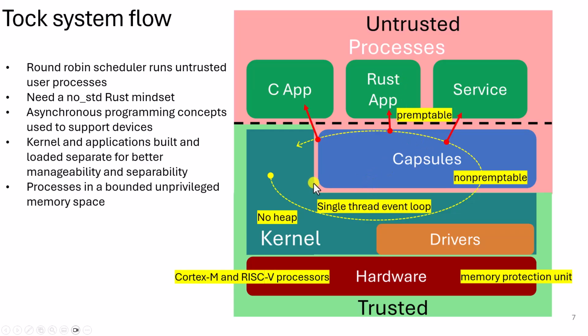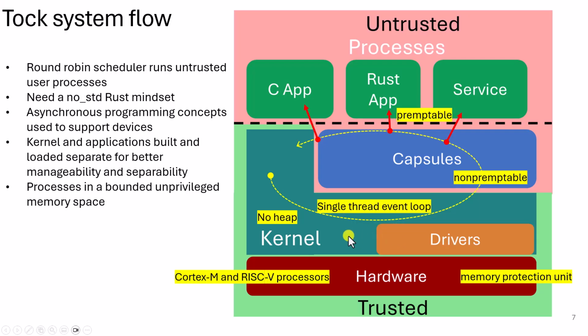The other pieces in the Tock operating system are the kernel, and then how the kernel interfaces to the hardware, which is with drivers. All of this code is considered trusted. So the drivers have access to all of the data structures of the kernel, and they can operate in unsafe mode.